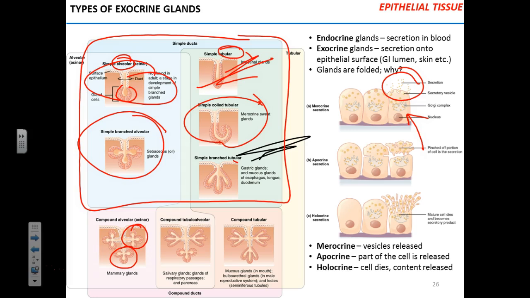Nothing happens to this cell. Apocrine glands secrete by pinching off a fragment of the cell. In apocrine glands, cells do not remain intact, but they do not die completely. In holocrine glands, cells die. They explode and release their content, and that's the secretion.